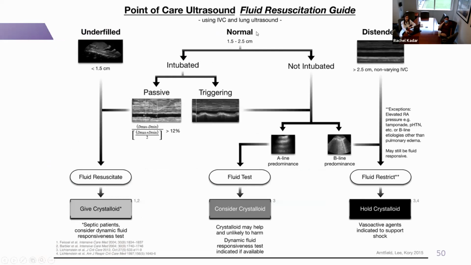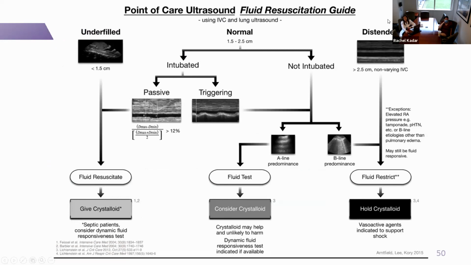So I just want to point out here, the normal IVC, they consider 1.5 to 2.5 to be the normal range. So that's what I teach the residents. If it's underfilled, less than 1.5, you can fluid resuscitate. All literature would suggest that in both an intubated and a spontaneously breathing patient, that hypotensive patient will be fluid responsive.